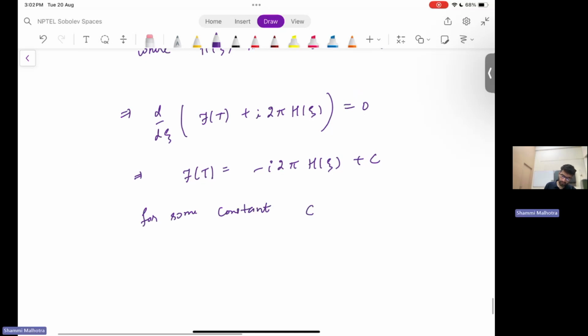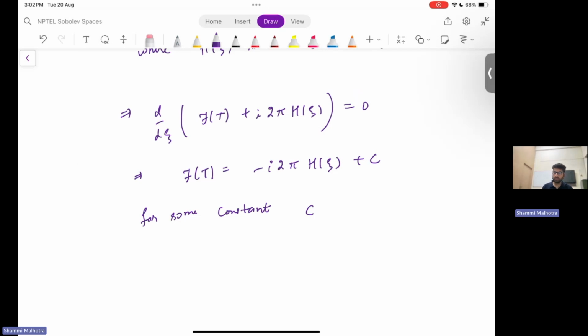So now our whole task is left with just this: we know the Fourier transformation of T is this thing only, but we also have to evaluate the value of the constant. Once that is done, we have the Fourier transformation of the Cauchy principal value.